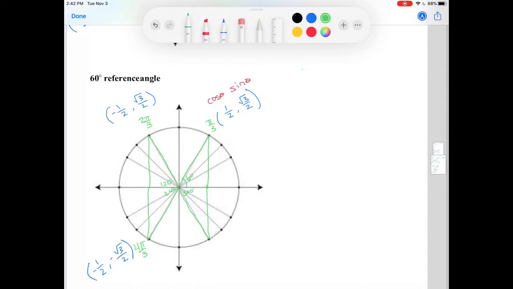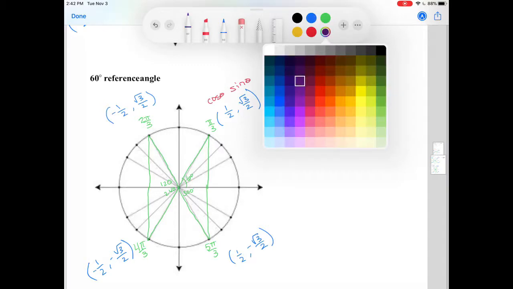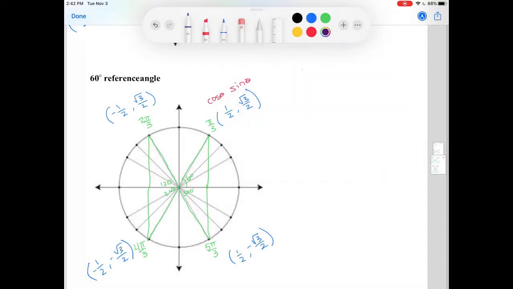And I have negative 1/2, positive root 3 over 2. Third quadrant is going to be 4 pi over 3. And we have negatives for both. And last but not least, the fourth quadrant is going to be 5 pi over 3, which will be positive 1/2 and negative root 3 over 2.